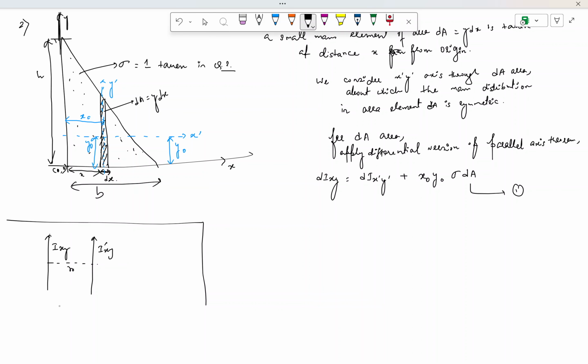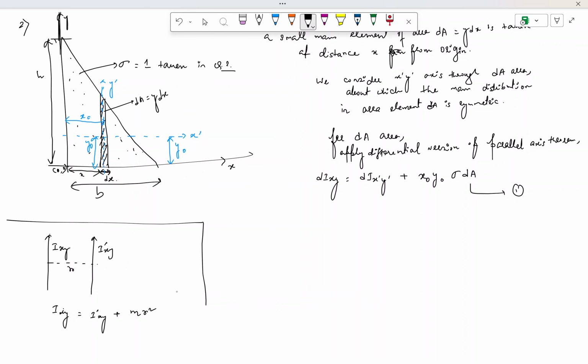They are parallel to each other. So in this case, Ixy would be I'xy plus m r squared.